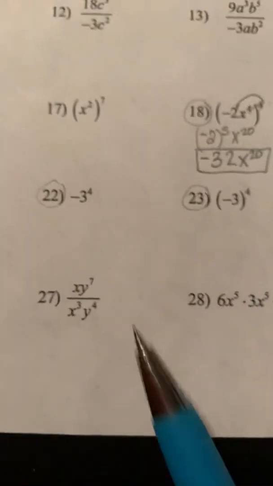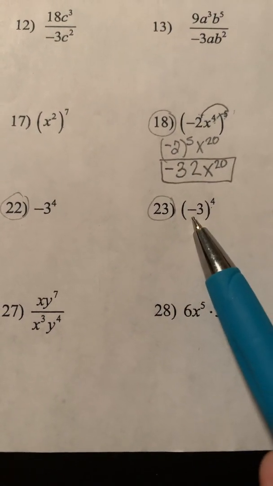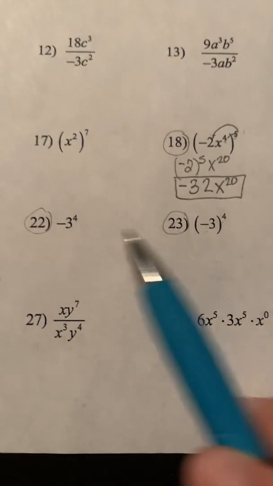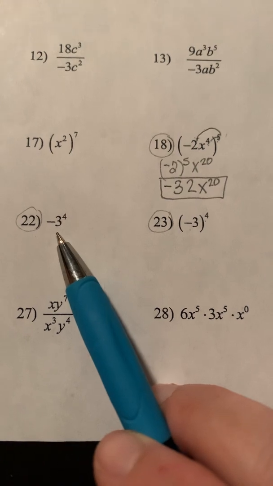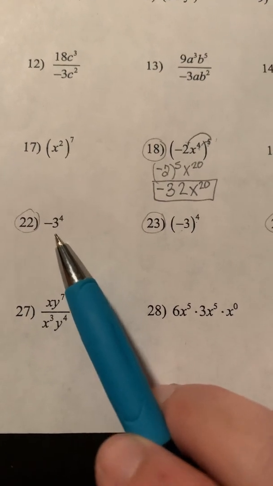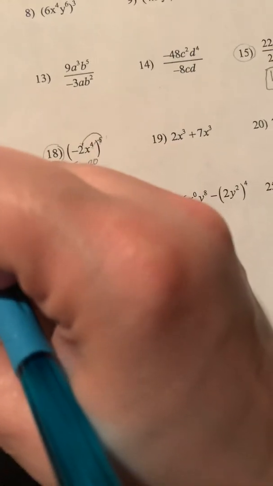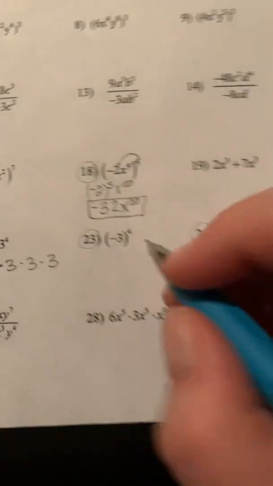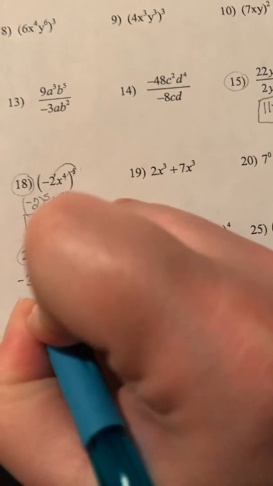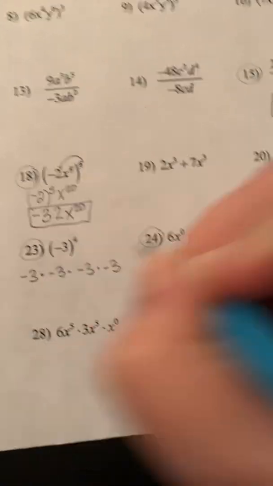Okay, now let's take a look at the difference between negative 3 to the 4th and, in parentheses, negative 3 to the 4th. This is why I told you it's important in your calculator to put it in parentheses, because what this means right here is negative 3 times 3 times 3 times 3. And what this one means is negative 3 times negative 3 times negative 3 times negative 3.